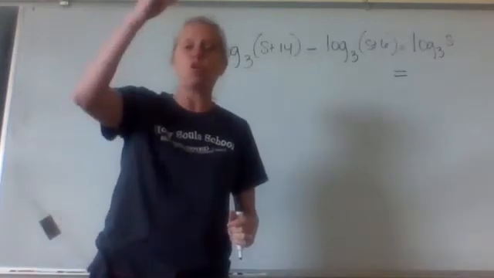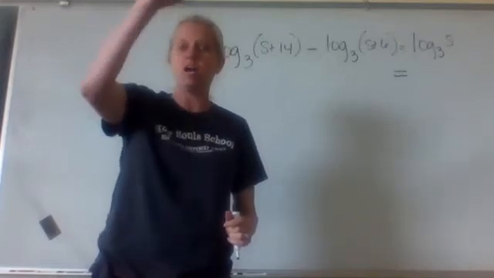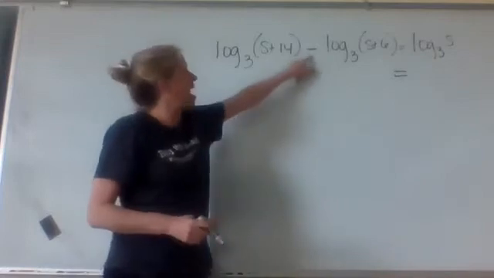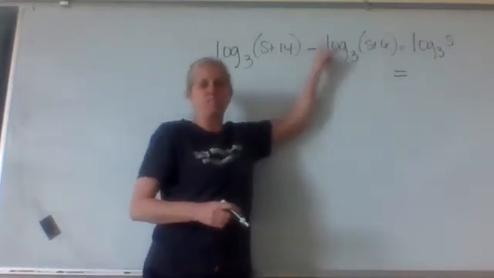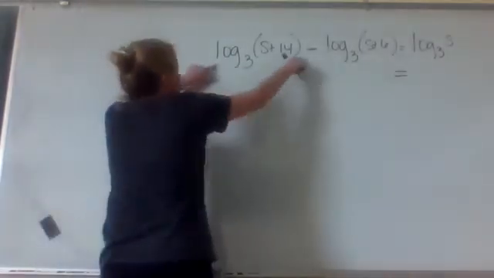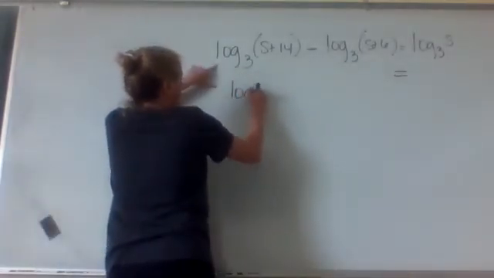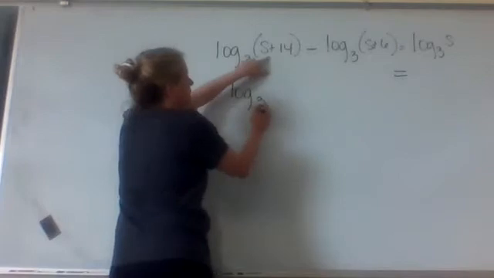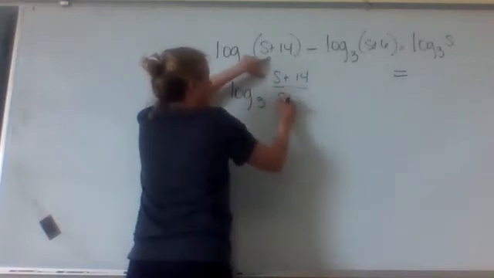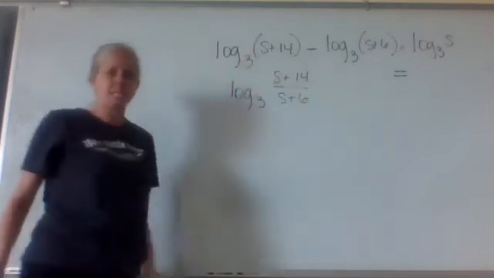That turns into the quotient, right? 1 over the other, not multiplied. If this is add, that's when you would turn them into multiplying those two together. But since it's subtracted, it's going to turn into 1 log. So log base 3 of s plus 14 over s plus 6.